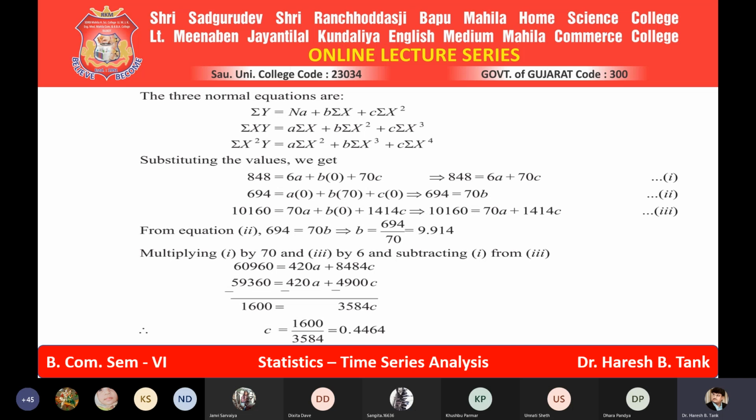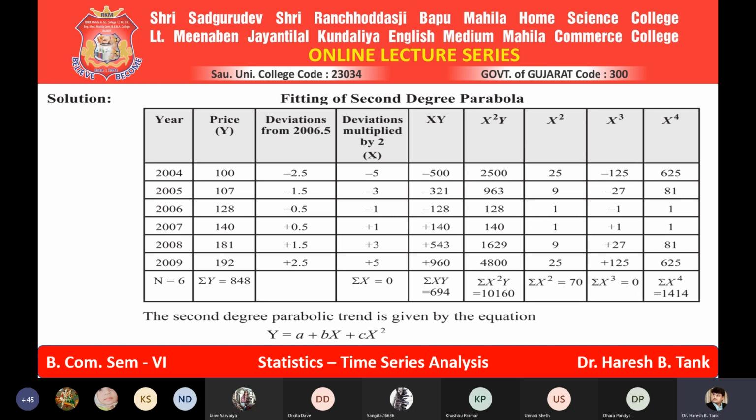This many different columns are required. You do have x and y, so generating the columns of xy, x squared y, x squared, x cubed, and x raised to 4 is not a much bigger task.